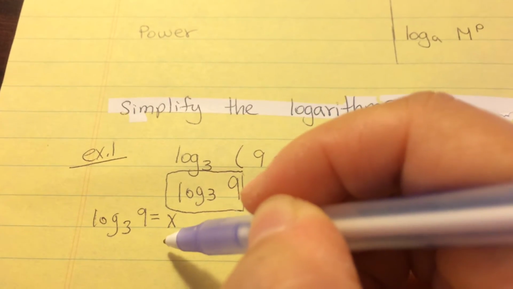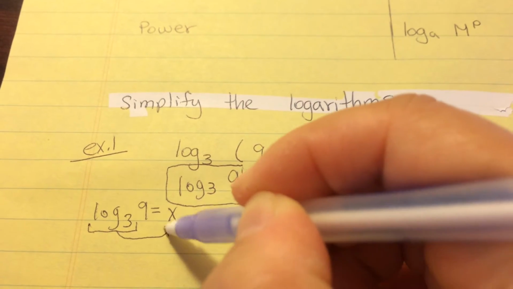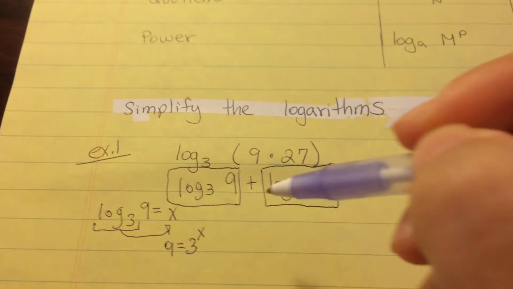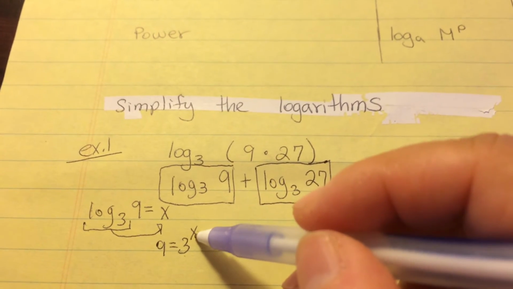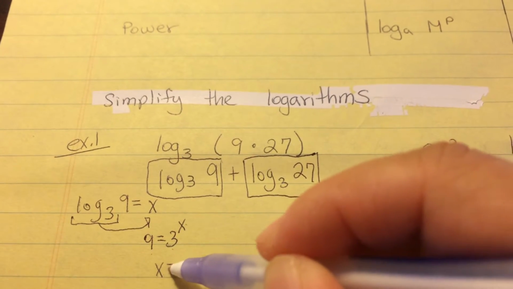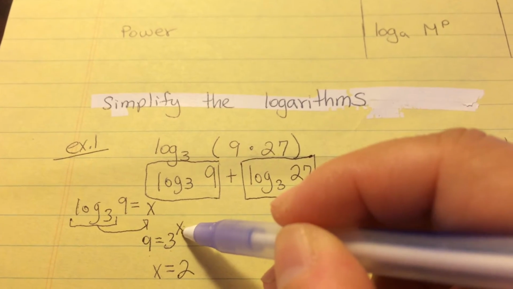This needs to be in exponential form to solve. If I bring the base over to the other side, we have 9 equals 3 to the x power. To solve for x, 3 to the something power becomes 9, so x is equal to 2, because 3 times 3 is 9, so it has to be the second power.